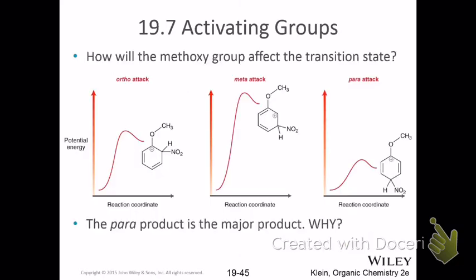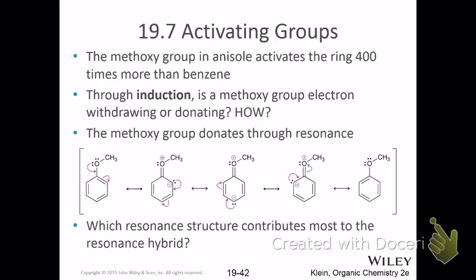Okay, so go back. Here's one other aspect of this reaction that I think is really cool. If you just draw the resonance structures for anisole, this is without the attack of the electrophile, where do you notice the negative charge showing up on the ring? Ortho and para.